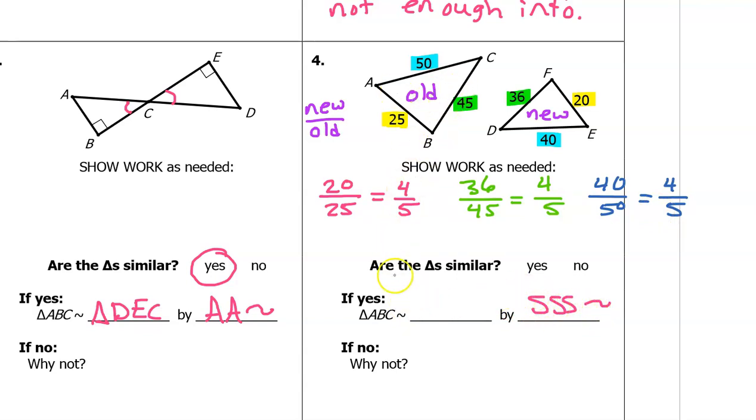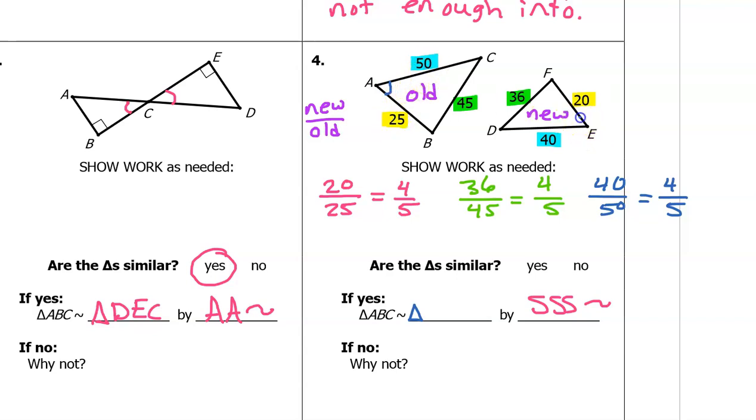And we can go ahead and match up the corresponding sides. Well, let's match up the corresponding angles and say triangle ABC is similar to triangle. And here's what I like to do. So angle A is here between the yellow and the blue.